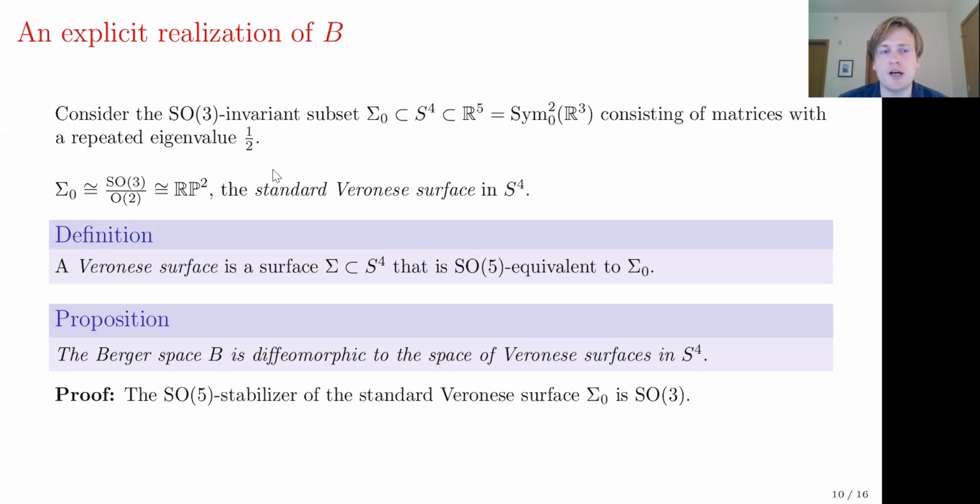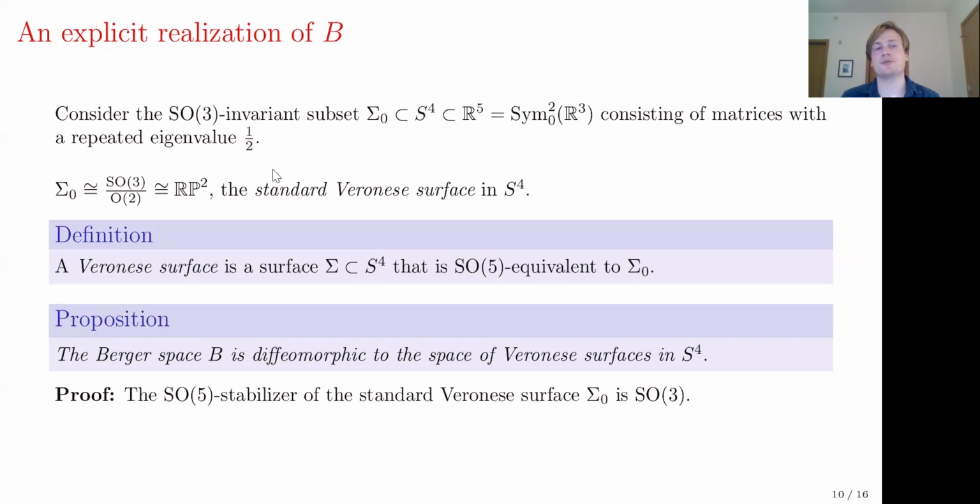And the proof is really not so hard. It turns out that we have a natural SO5 action on the space of Veronese surfaces just by virtue of their definition. And it's not too hard to show that the SO5 stabilizer of the standard Veronese surface itself is that copy of SO3 that we were talking about before.